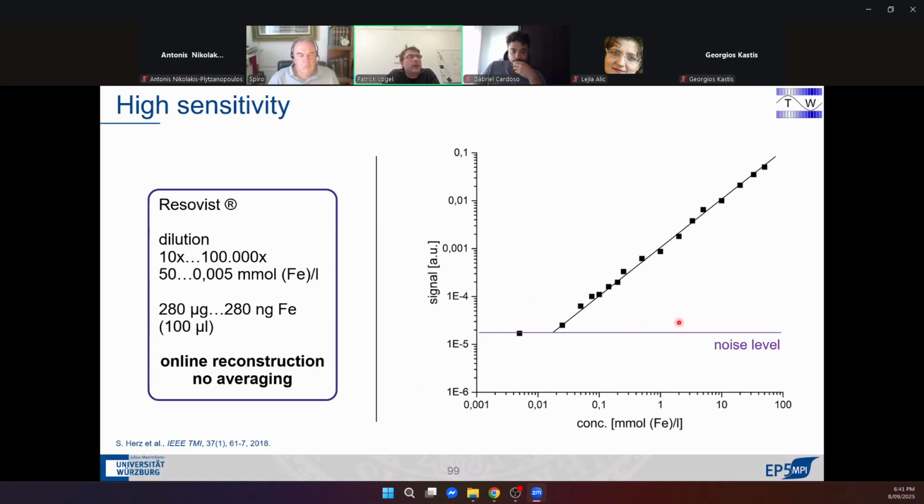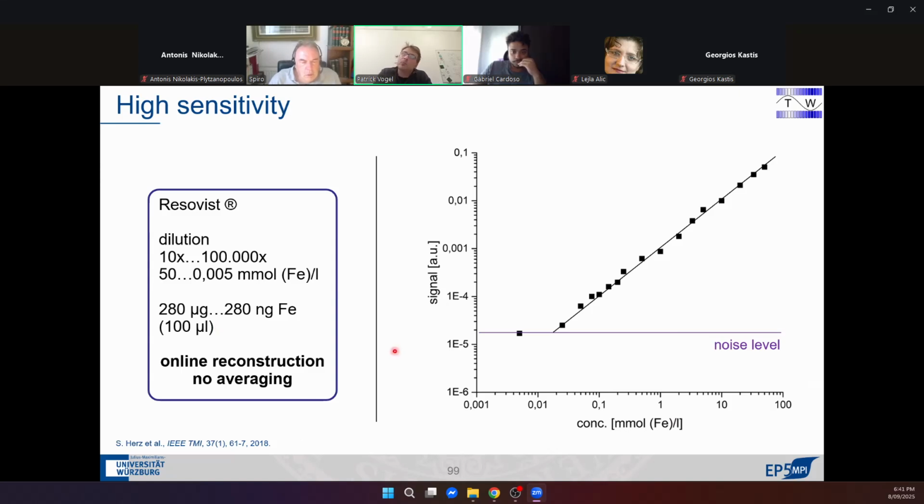And then, of course, we want to go to the first medical applications. One of them is that in Würzburg we developed real-time systems, and for that we have to optimize different steps. Here, for example, we tested the sensitivity of an online reconstruction, which means no averaging.